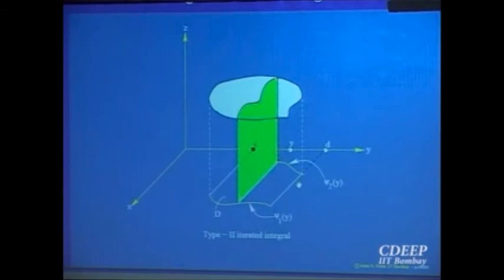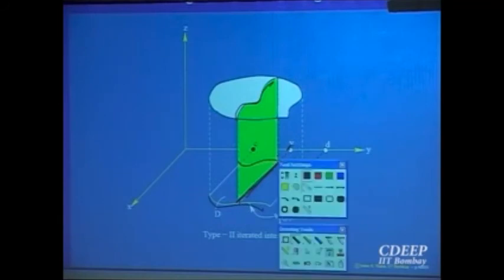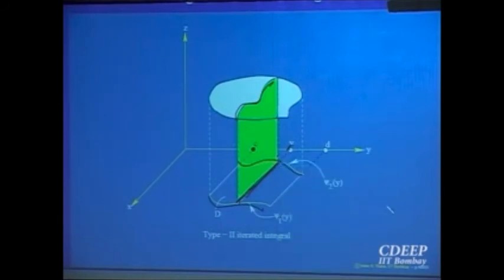This is what the second picture will look like, because this is psi 1 of y and that other curve is psi 2. At any point y, you have fixed the variable y, so it's only a function of x. So you integrate it out, and the limits are now not c to d, but from psi 1 of y to psi 2 of y. That is the only difference that comes.